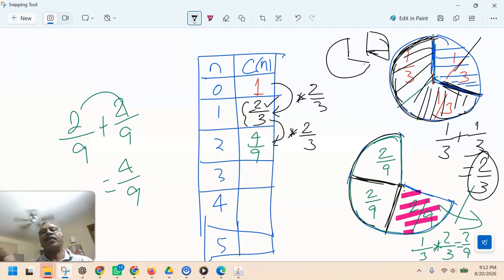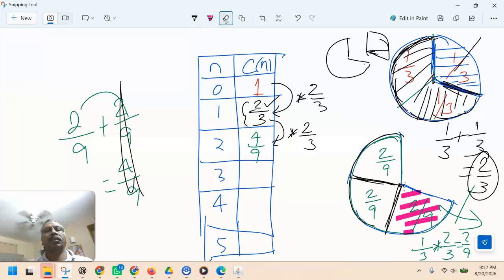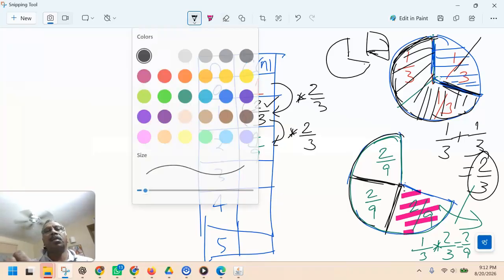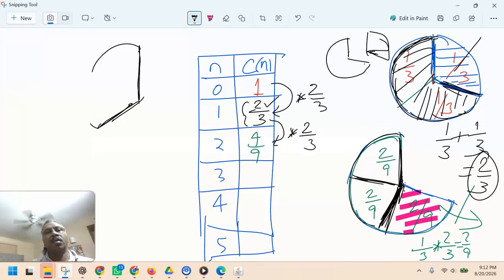So basically you do this, and then what is left over is 2/9 and 2/9, which is 4/9 for this piece. So this part I'm going to draw right here. This is 2/9.